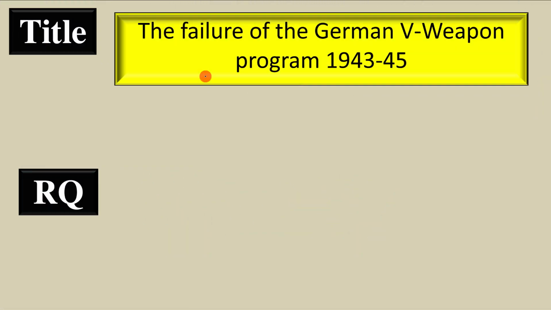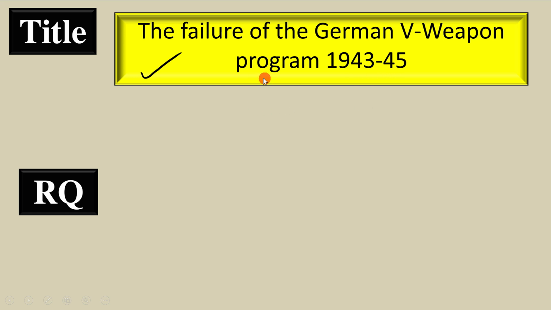Look at this one. Here I may take the title as "The failure of German V weapon program 1943 to 45." Title is good. It's in the history field and the focus is on Germany, the war, maybe World War II, 1943 to 45. Everything is good.